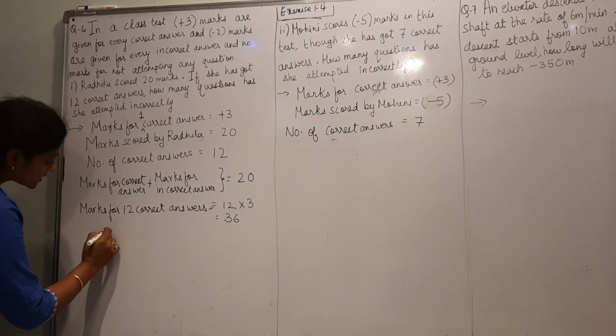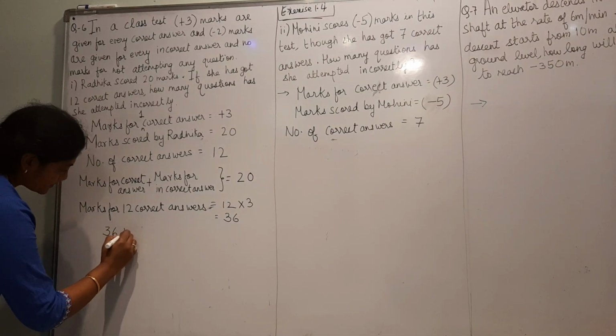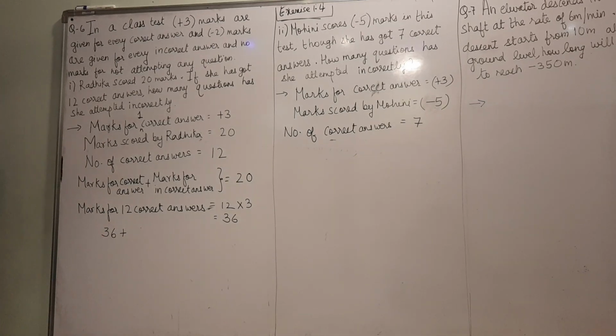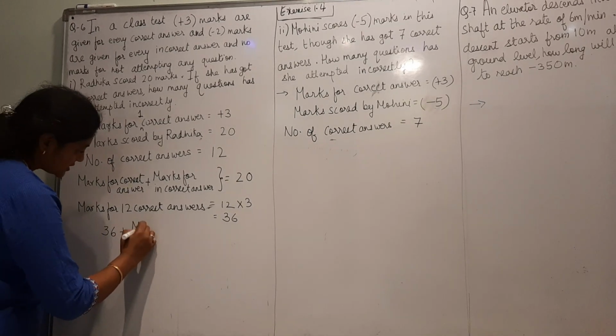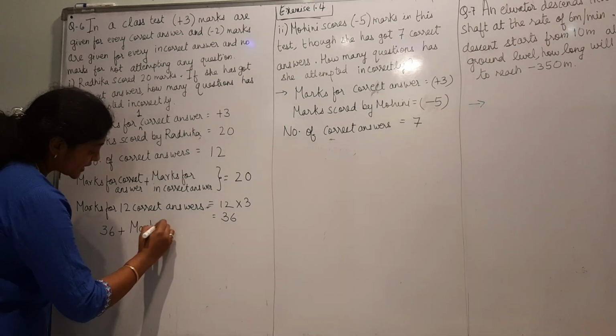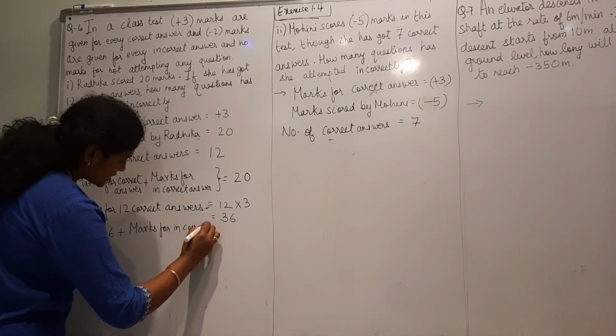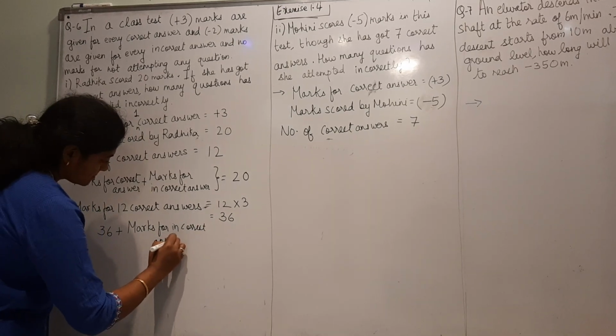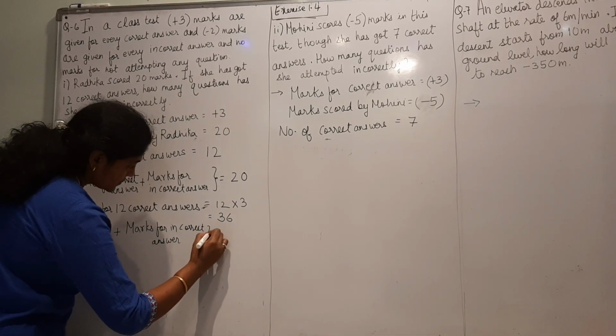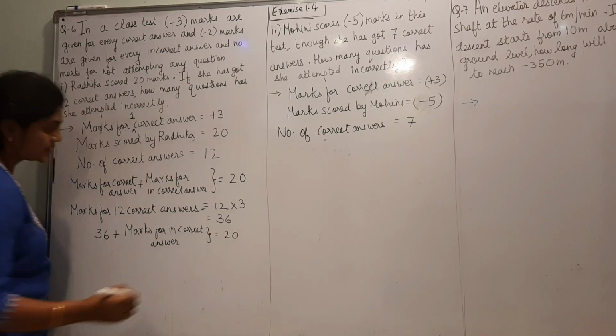Now 36 plus marks for incorrect answers is equal to 20.